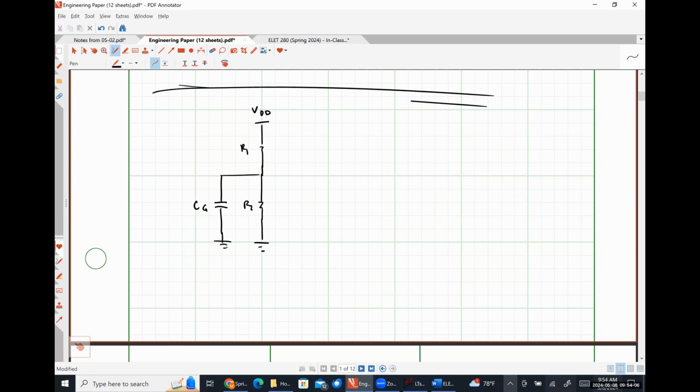And if I'm being entirely honest, I'm not even sure that that capacitance is necessary in the MOSFET, but I included it there just in case.